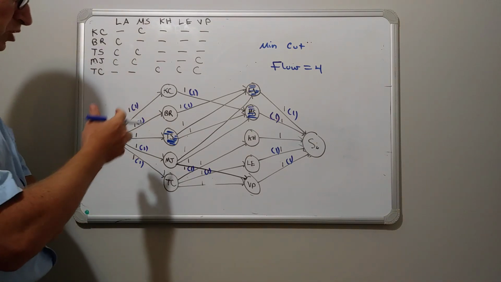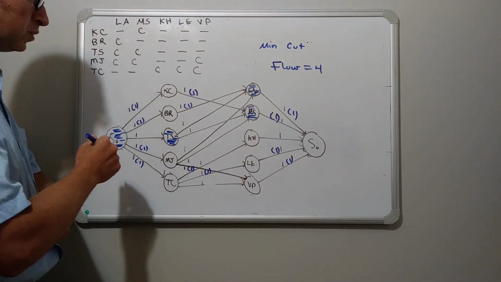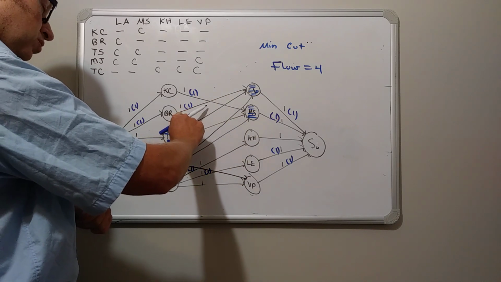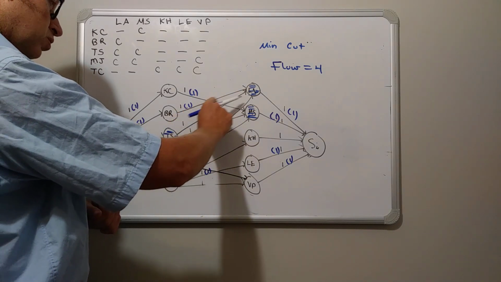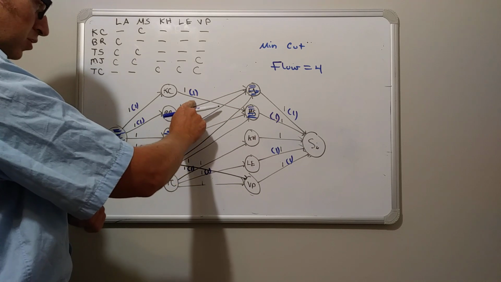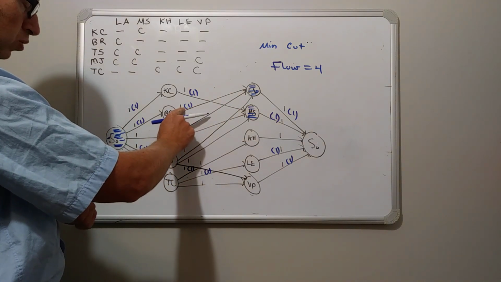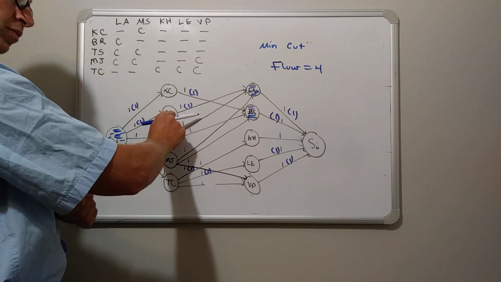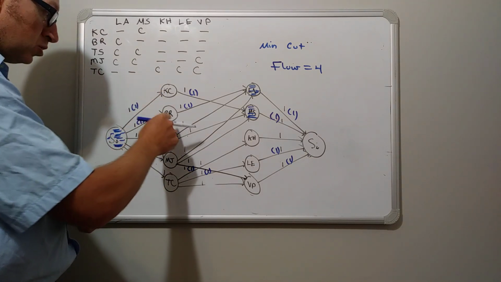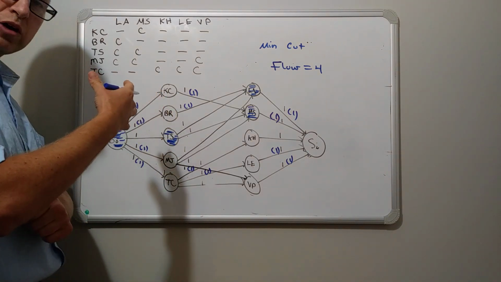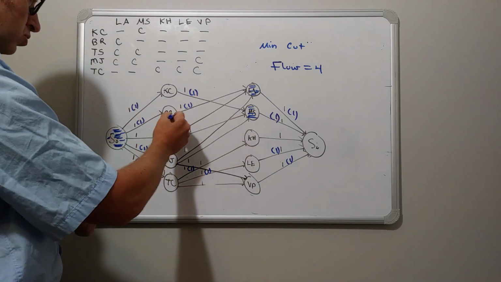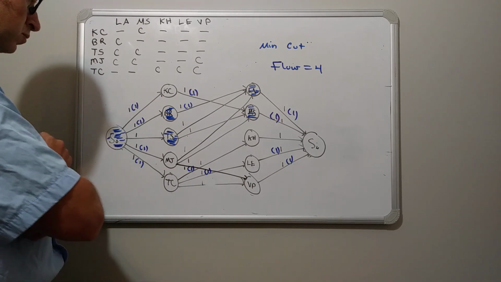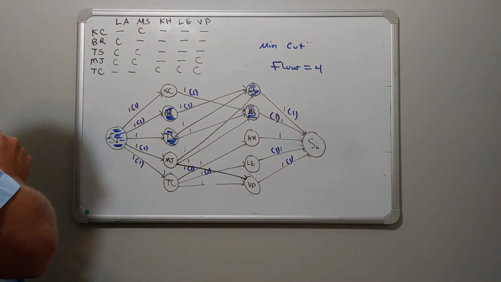So it's a little bit counterintuitive, but because there's an arc that goes from BR to LA, and this arc has a flow on it, you can reverse it to reach BR. So that means it's possible to reach BR by using the backflow technique. So BR is reachable.